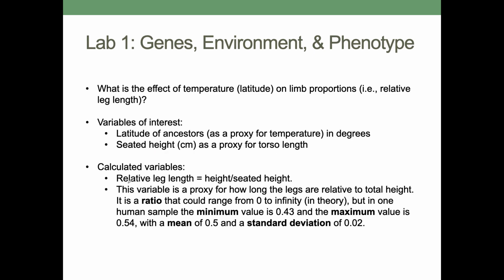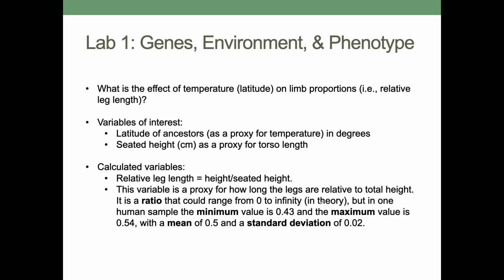We can then calculate relative leg length as the overall student height divided by seated height. So it's a proxy for how long the legs are relative to total height. And so it's a ratio. This number divided by this number is a ratio that can range from 0, hypothetically, to infinity.